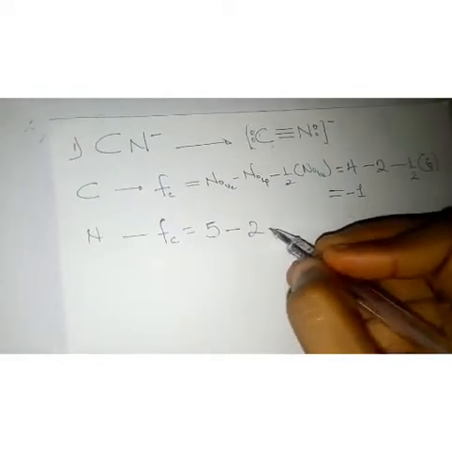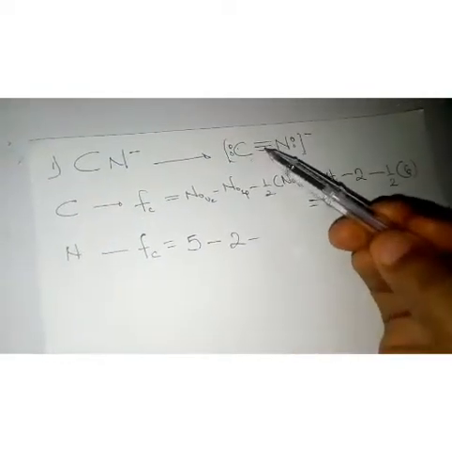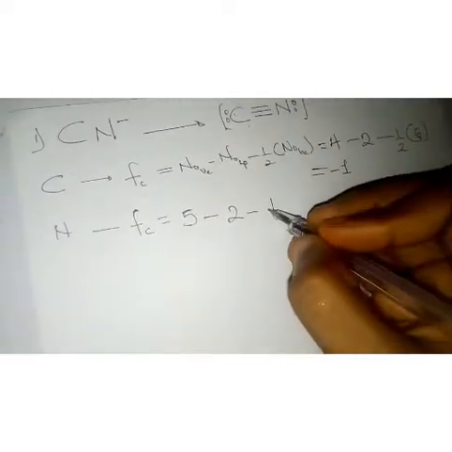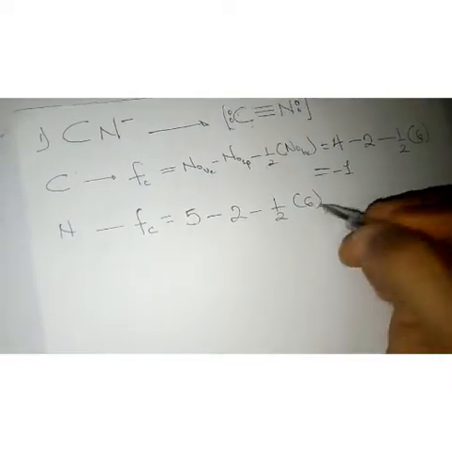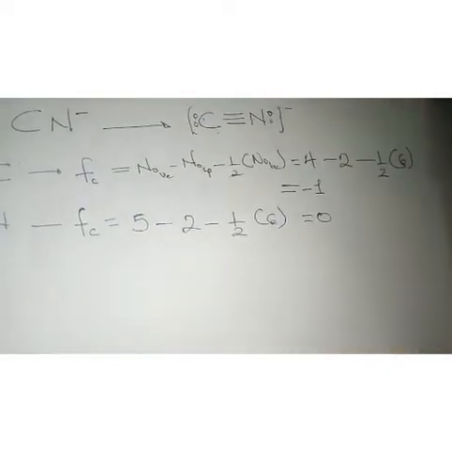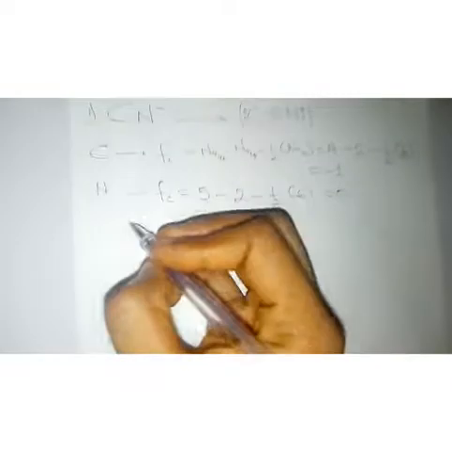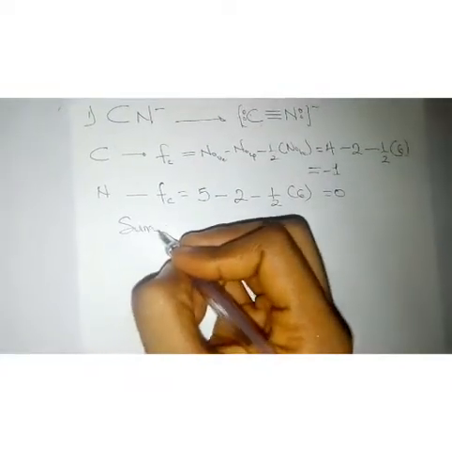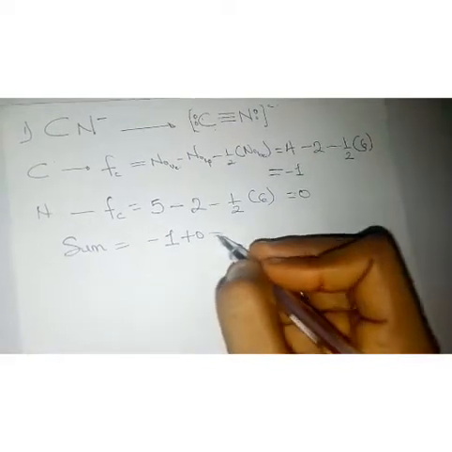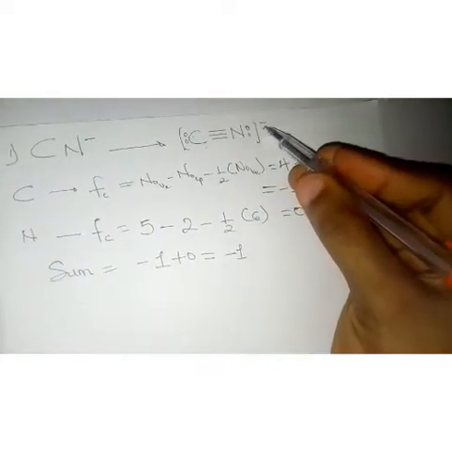It also has 2 lone pair electrons, and then because it's also connected by 3 bonds, it has 6, and this is equal to 0. Then we have to sum it up. So minus 1 plus 0 equals minus 1. This is why we have a minus sign over here.